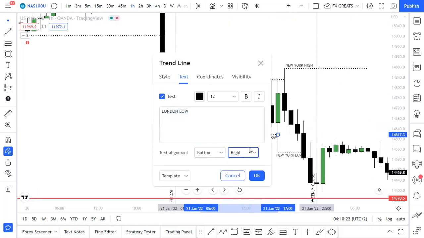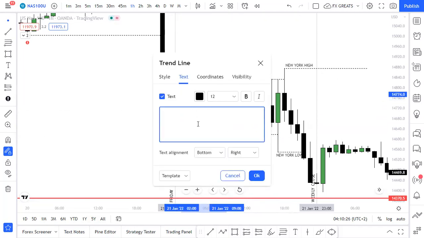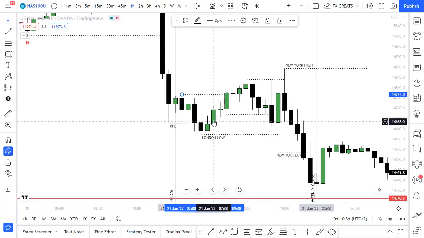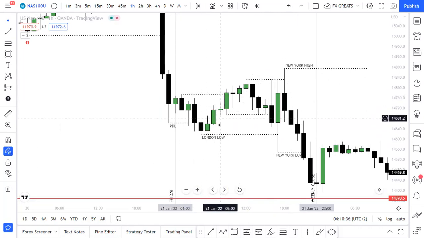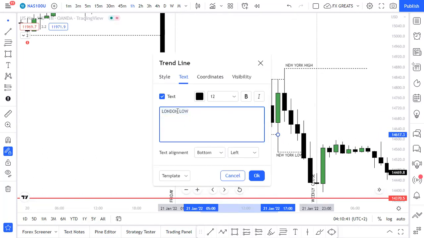And why? Left, top, left. Oh, I wonder which one is it. No. See, I'm making a mistake. It's an Asian low, this one. This is an Asian high.